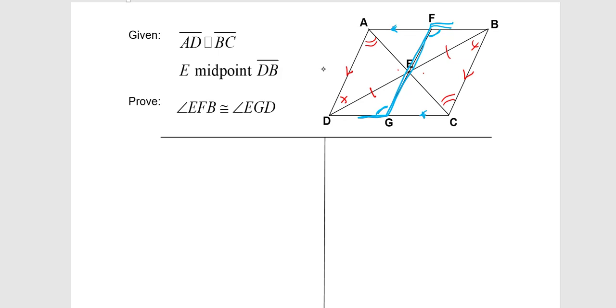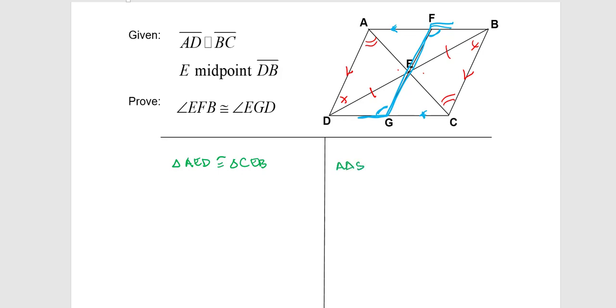And so I know that I can prove the triangles congruent by angle, angle, side. So triangle AED is congruent to triangle CAB by angle, angle, side.